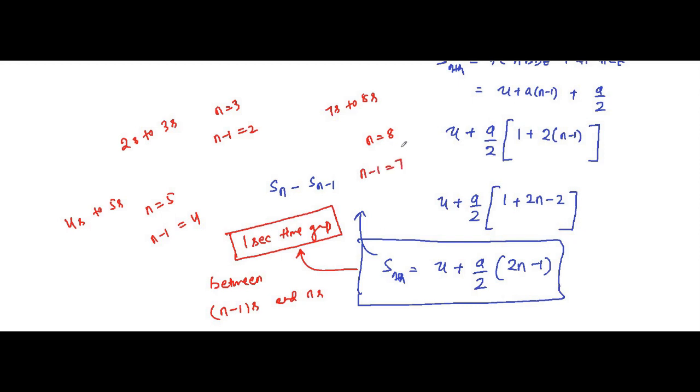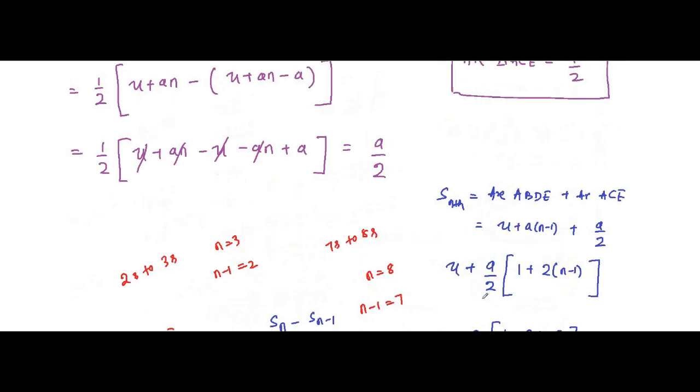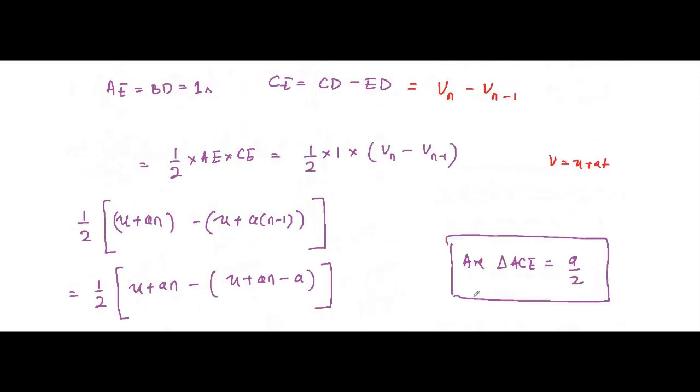During that 1 second gap, how much displacement has happened, that is Snth. So here we have derived it: U plus A by 2 into 2n minus 1.